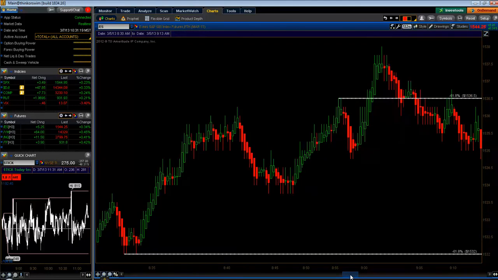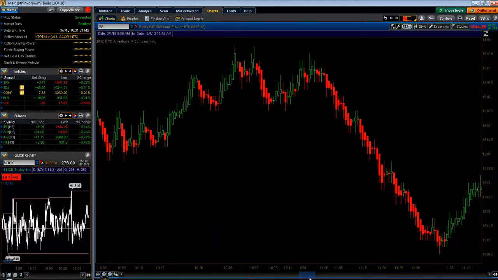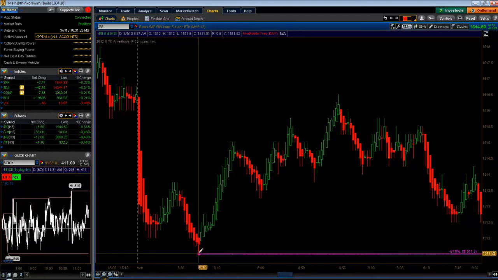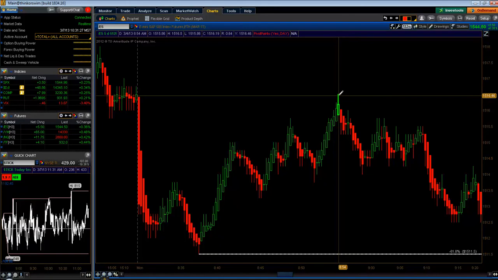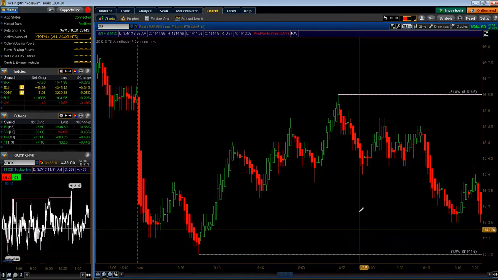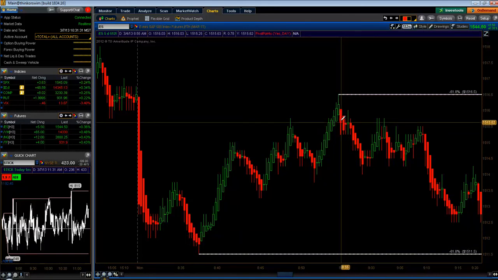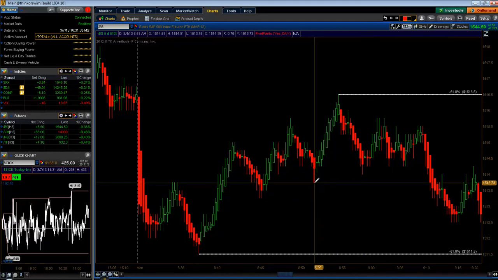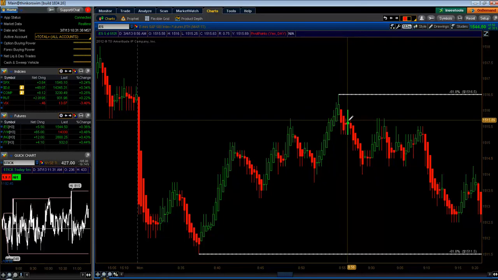And so that took us to the end of Tuesday, and then Monday, low and high. Again, we have a sell-off. We broke the prior swing low on the way down.